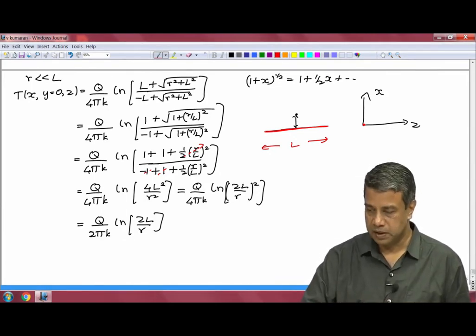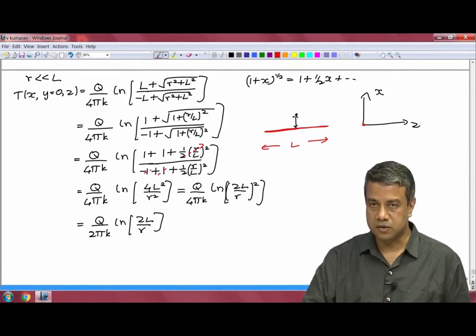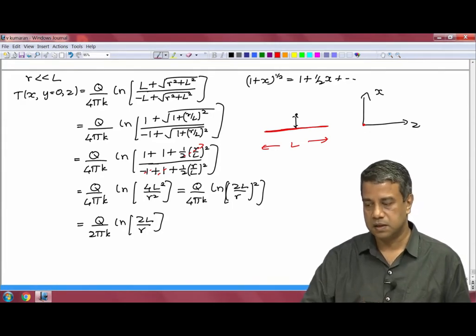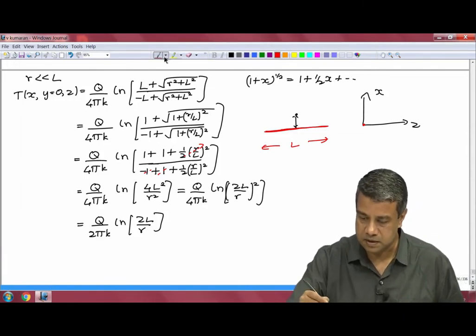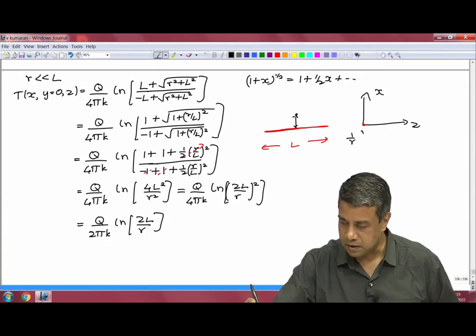The temperature field due to a point source in 2 dimensions, the solution for the Laplace equation, is proportional to log of R. I showed you that for a point source in 3 dimensions, it is 1 over R. You can solve the Laplace equation in 2 dimensions, it is quite easy. You recall that the Laplace equation in 2 dimensions is 1 over r d by dr of r partial T by partial r is equal to 0.